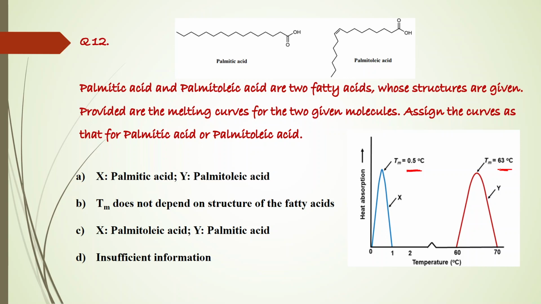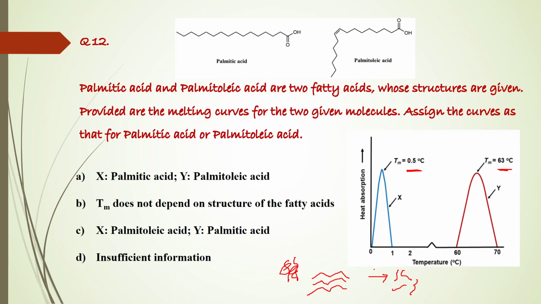So what does that mean? If a fatty acid has a very low melting temperature, that means, so what is melting temperature? You are moving from a crystalline state to a random state.